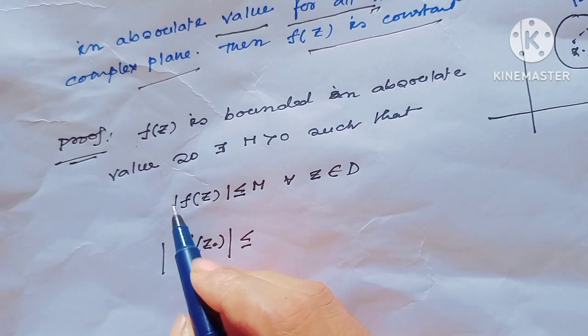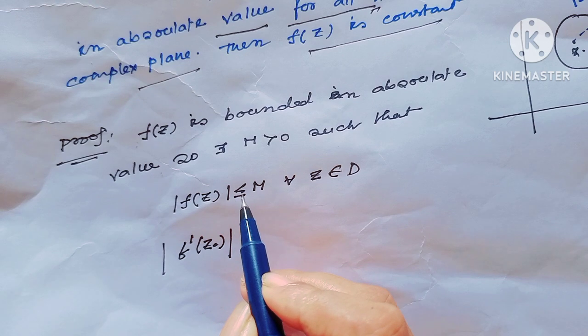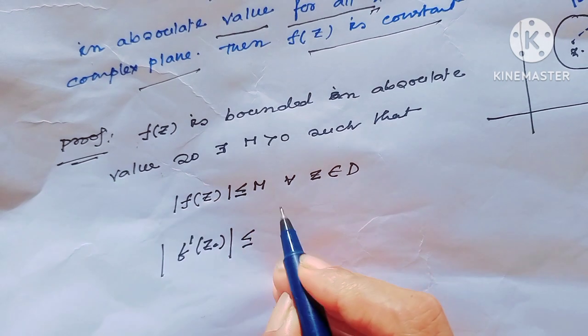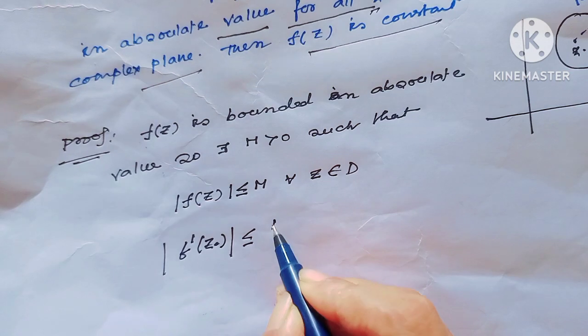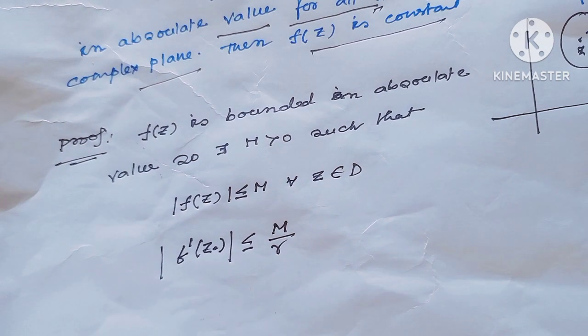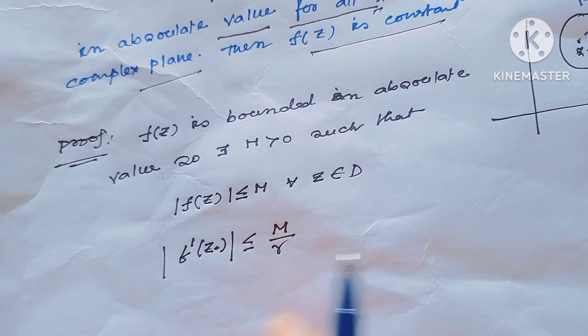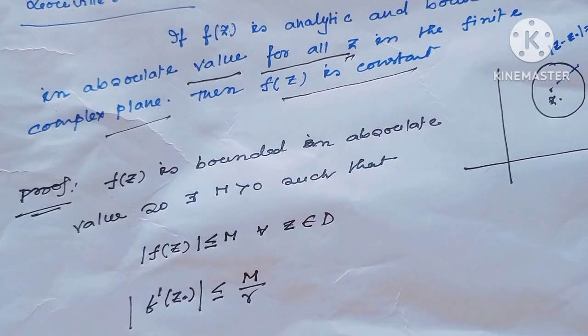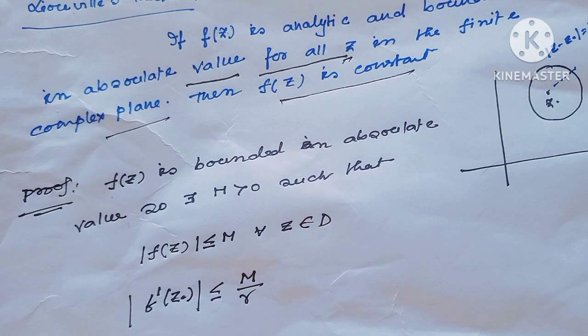Since f is bounded, this is less than or equal to M over r. Here I have applied Cauchy's estimate formula because the function is analytic.